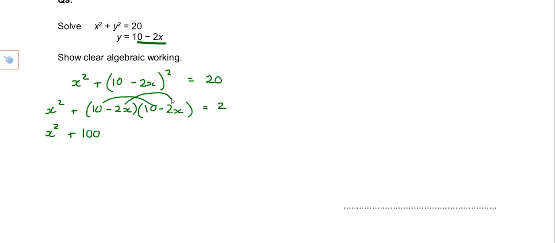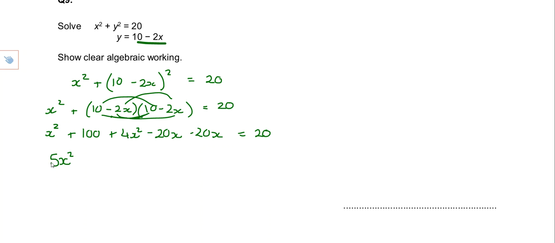So we've still got the plus 4x squared again. And then we've got the minus 20x and the minus 20x. Equals. And then it would be 5x squared, minus 40x.